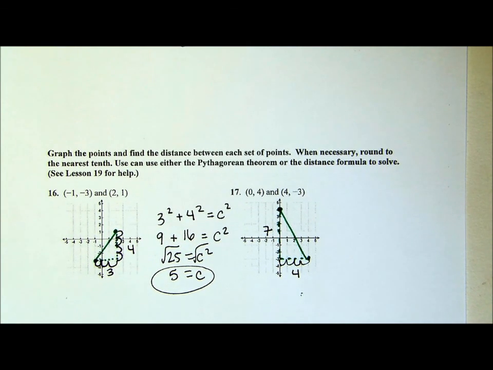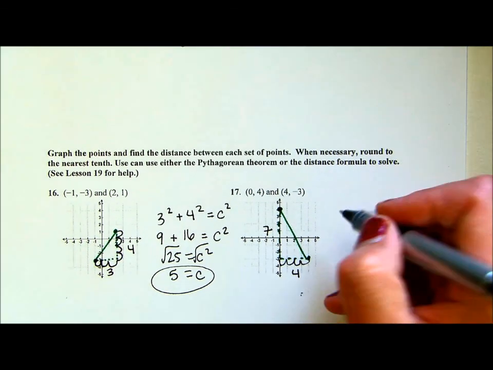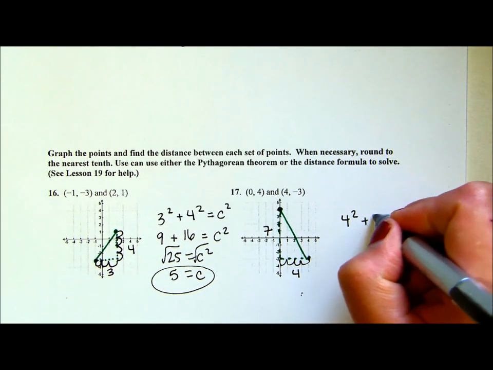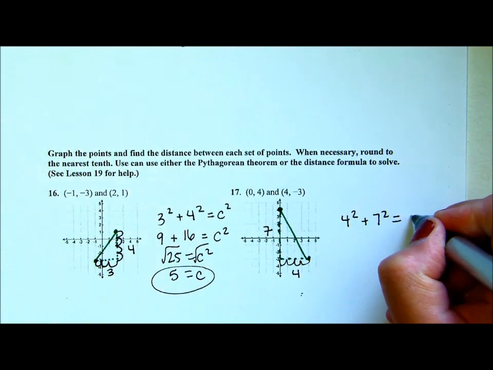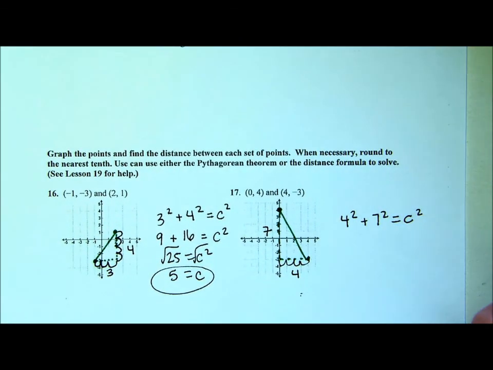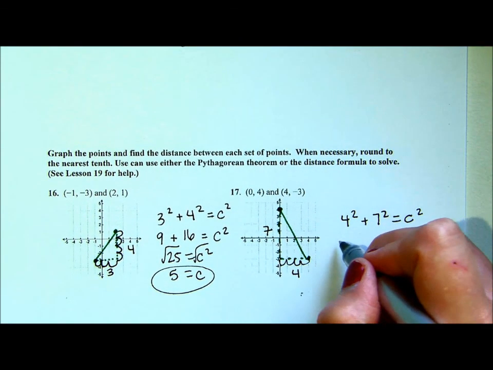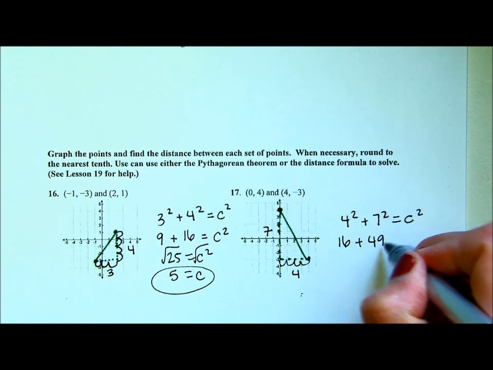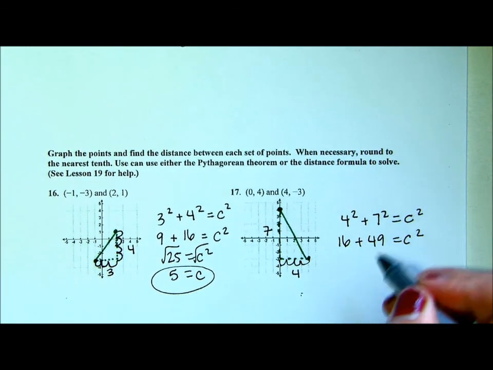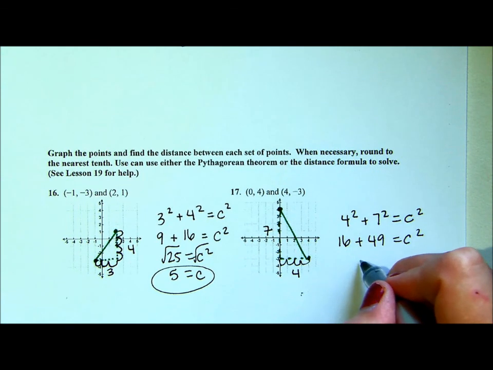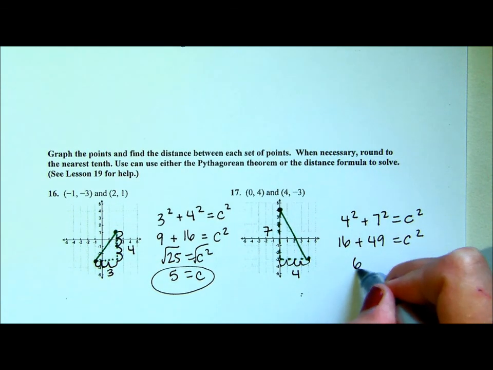So, here we go. 4 squared plus 7 squared equals C squared, because we want to find the diagonal. 16 plus 49 equals C squared. I add those two together and we get 65 equals C squared.